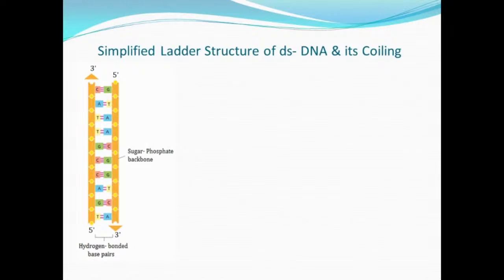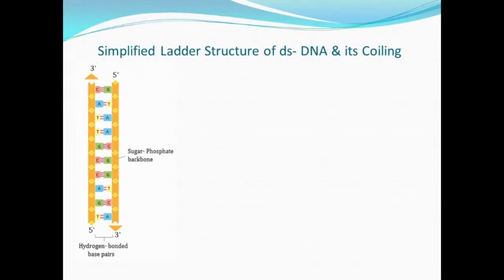And the bases also follow the complementarity rule, which means that adenine always pairs up with thymine with the help of 2 hydrogen bonds, and cytosine pairs up with guanine with the help of 3 hydrogen bonds. In this way, following these rules, a duplex or double-stranded DNA is made.